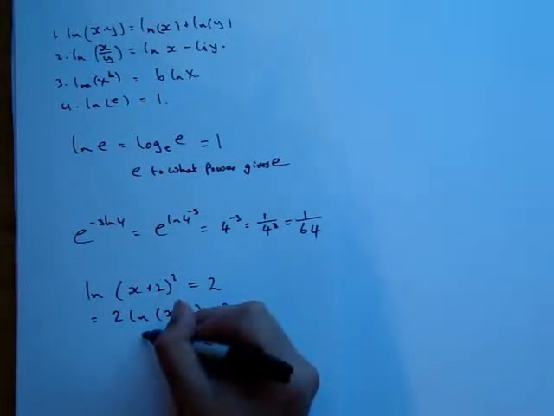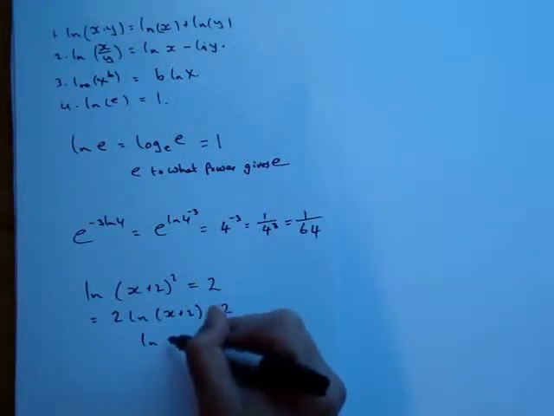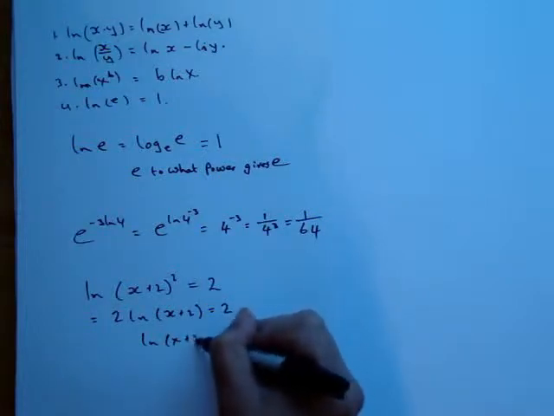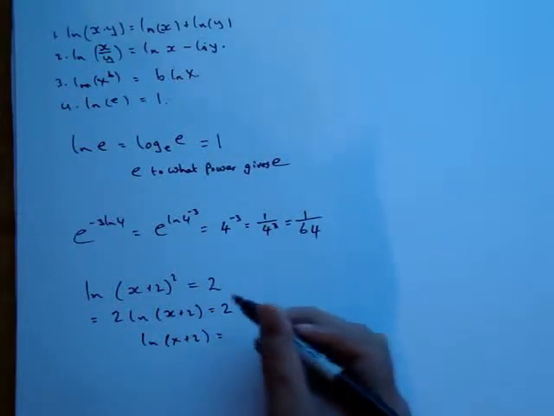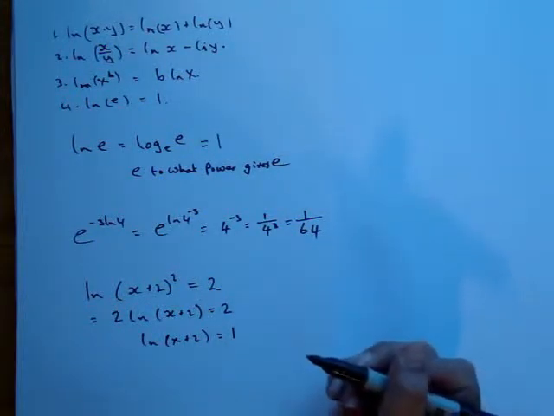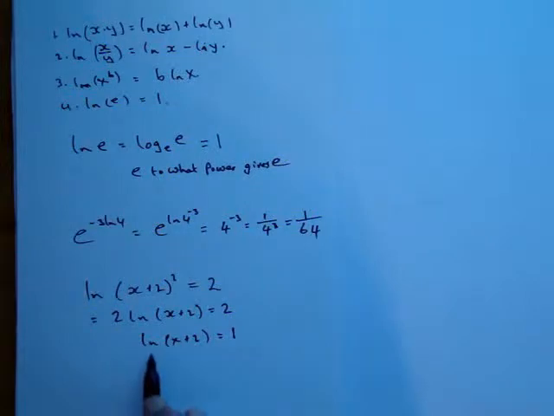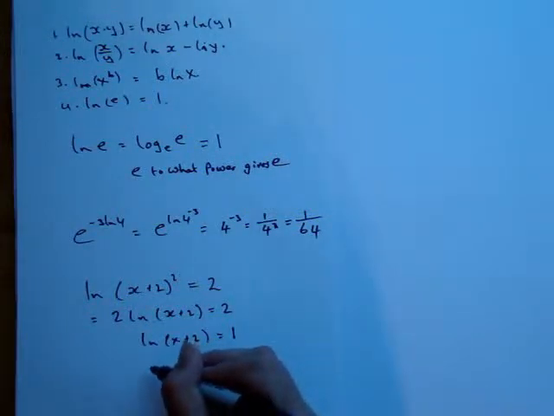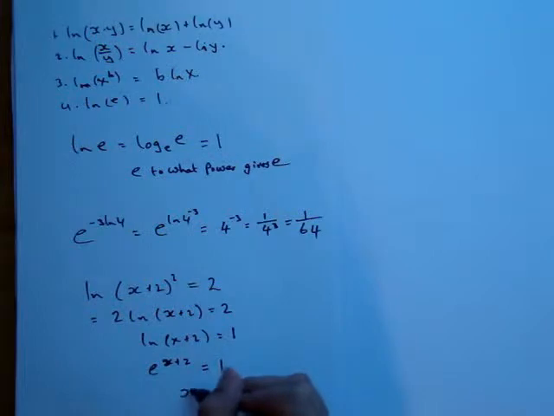So the natural log of (x plus 2) equals 2 divided by 2, which is 1, and then we can write this as e to the 1 equals x plus 2, so x equals e minus 2.